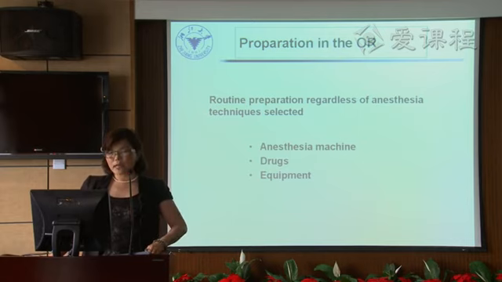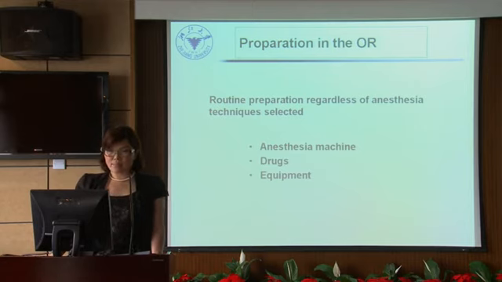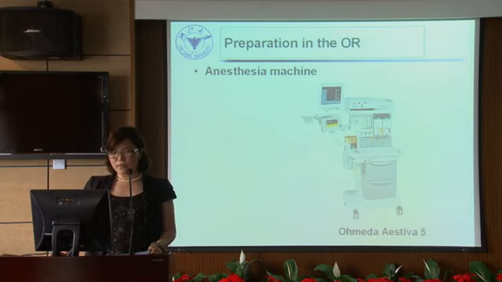Routine preparation we should do regardless of anesthesia type. That means no matter how small the anesthesia is, you should also do the routine preparation. For example, the anesthetic machine, some drugs, or some equipment.